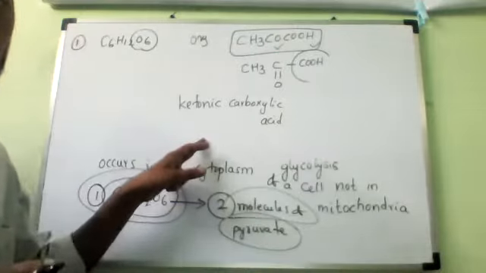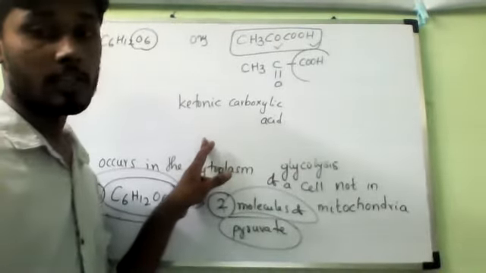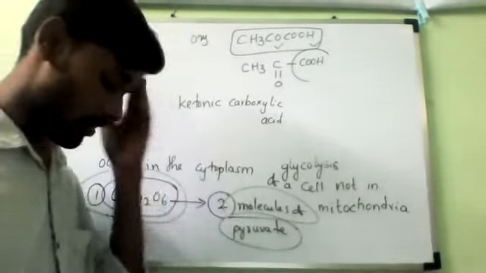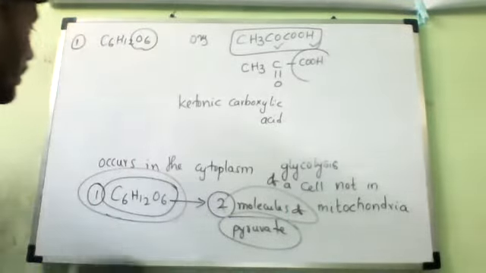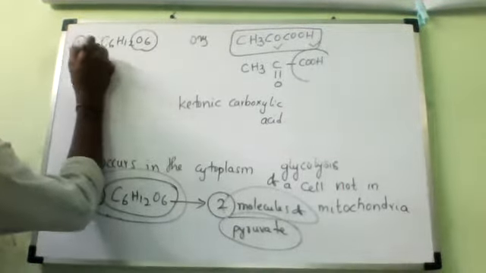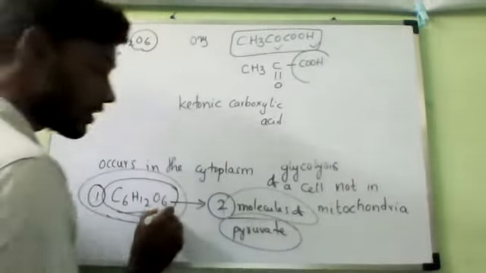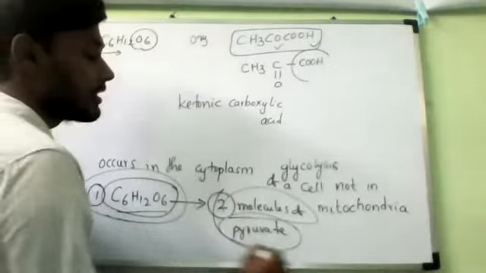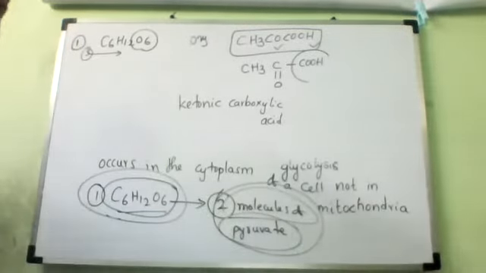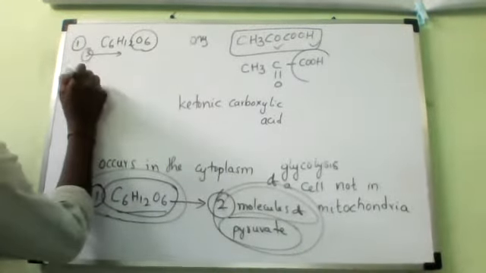That's all. Understand? Observe here, this is the point: the pyruvate formula, and each glucose is converted into how many pyruvates? 2 molecules of pyruvate. Let us go for the next point.